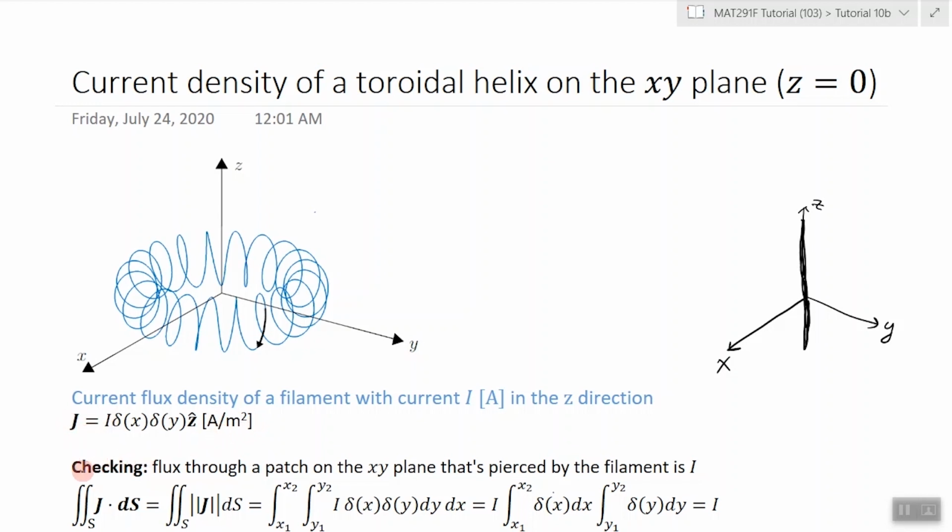Let's check that this expression makes sense. For this, let's integrate J over some sort of a patch on the xy plane. So let's find the flux through this patch in the z direction. So the orientation of this patch is n hat equals z hat.